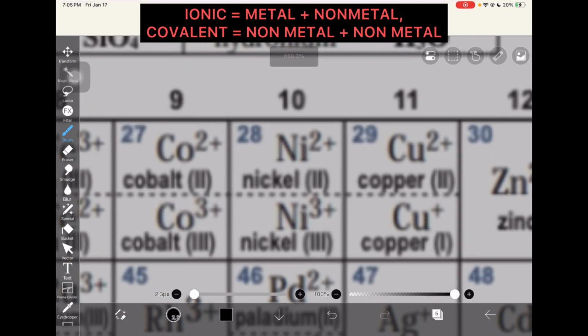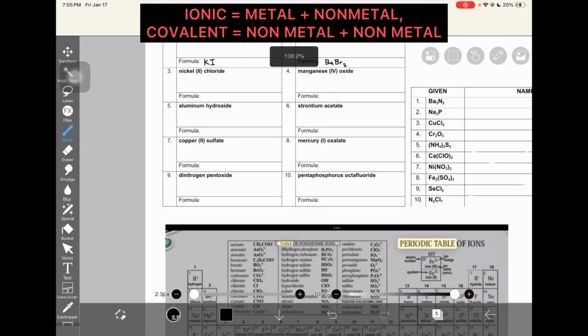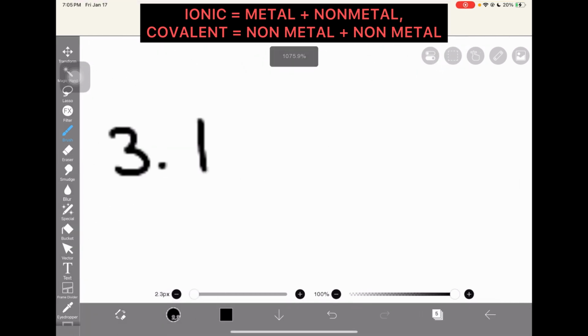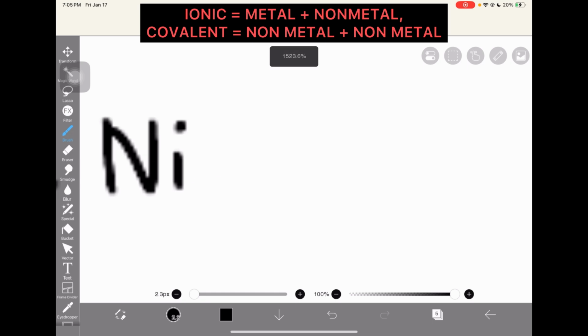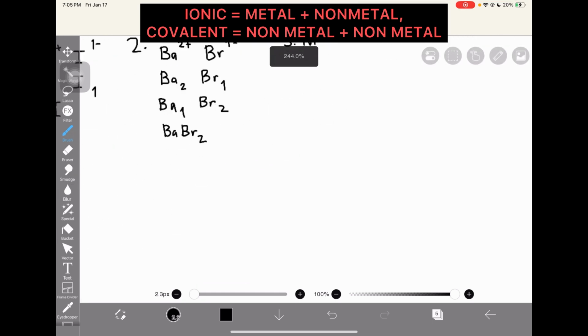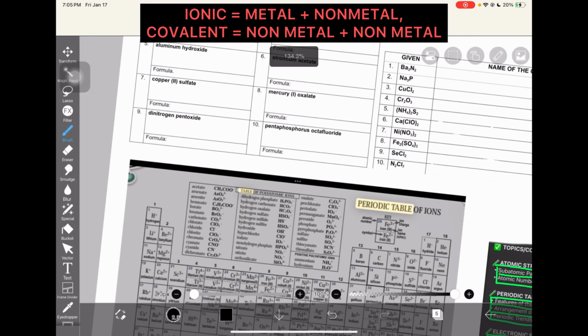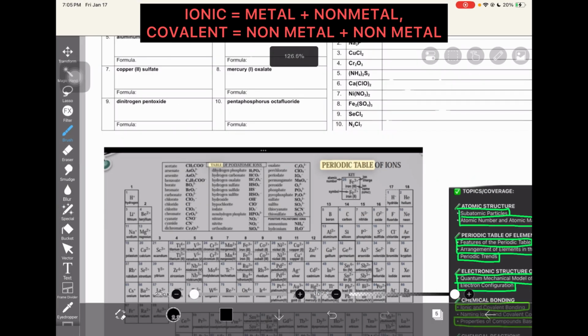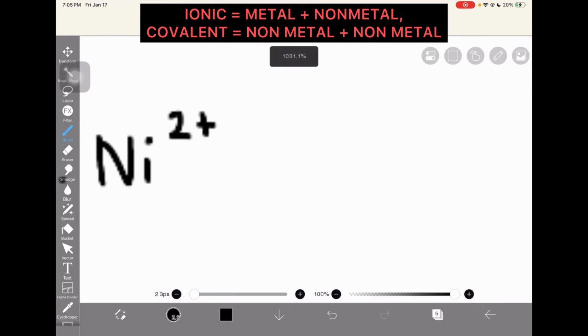So we just go by nickel(II)'s charge, so nickel 2 plus. Let's write that in the solution: Ni 2 plus, followed by chloride. Chloride is Cl, so it's just Cl 1 minus.